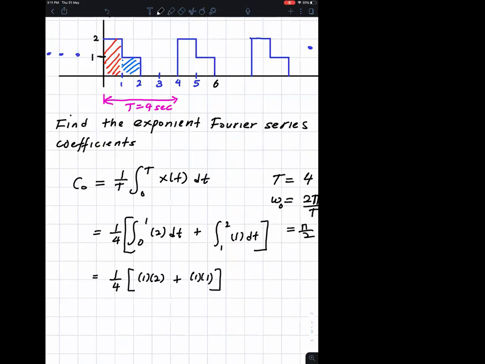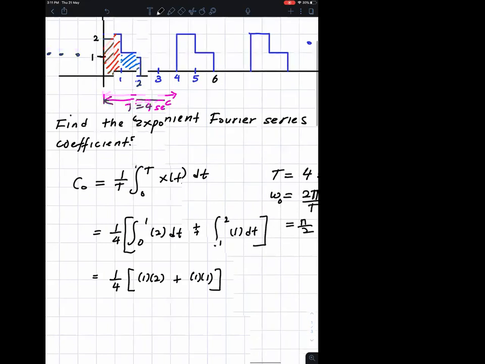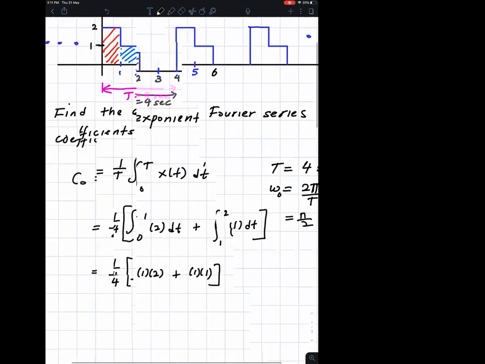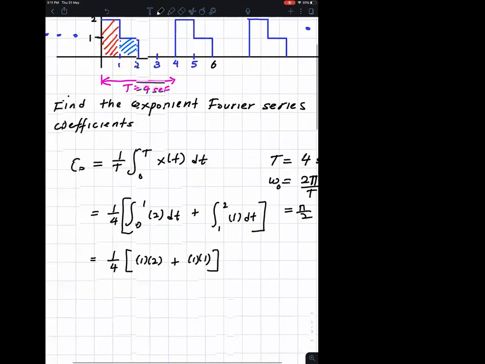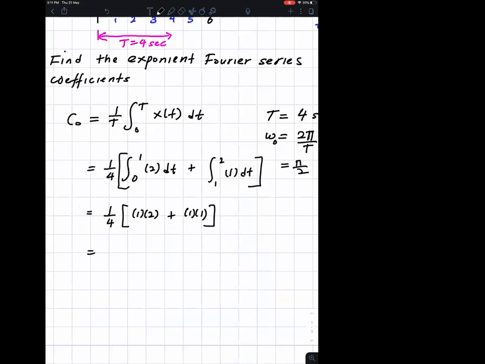You can only do this if the geometry is very clear to you. This is a rectangle and a square, so it's easy to figure out. But if it's not clear how the geometry looks, then you have to integrate. So 1 over 4 multiplied by 2 plus 1. So that's the DC.